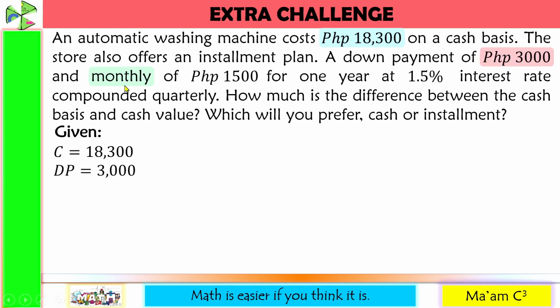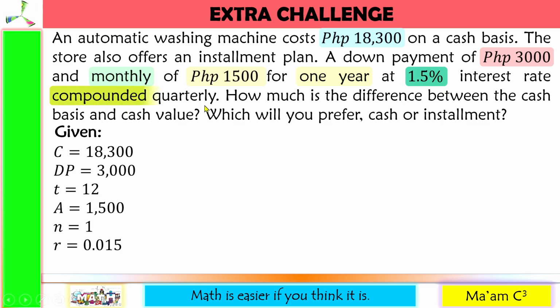So meaning 12 months in a year, our T is equal to 12 of 1,500. This is our annuity for 1 year. So our N is equal to 1. At 1.5%, this is our nominal rate, 0.015.